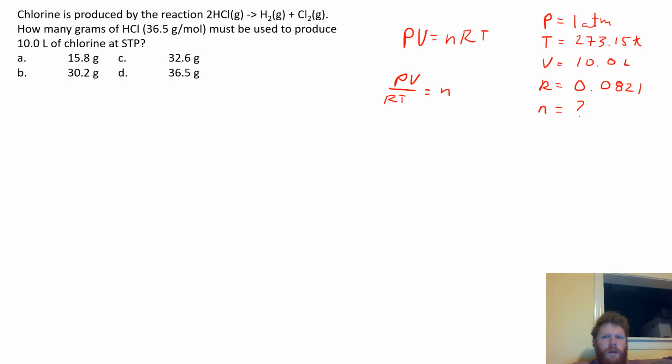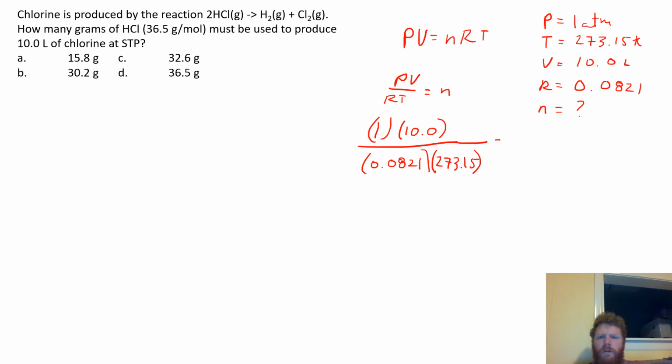So this will allow us to solve for the number of moles of chlorine produced in this scenario. I'm going to write this out as 1 atmosphere times our volume, 10.0 liters, divided by our R value, 0.0821, times 273.15.